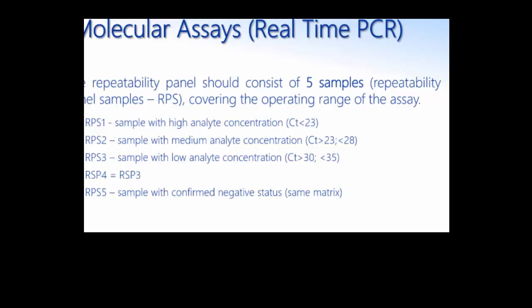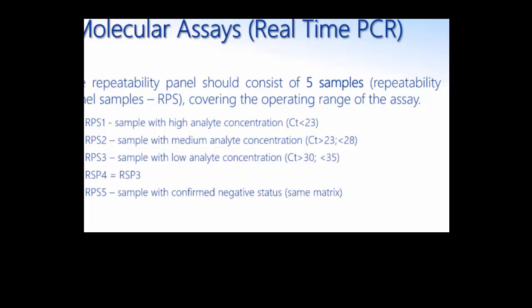For example, if we label these samples repeatability panel sample 1, which will represent the sample with high analyte concentration, it should give us a CT value lower than 23. The RPS2 sample will be the sample with medium analyte concentration, and the value of this sample should lie somewhere higher than 23 and lower than 28 CT.